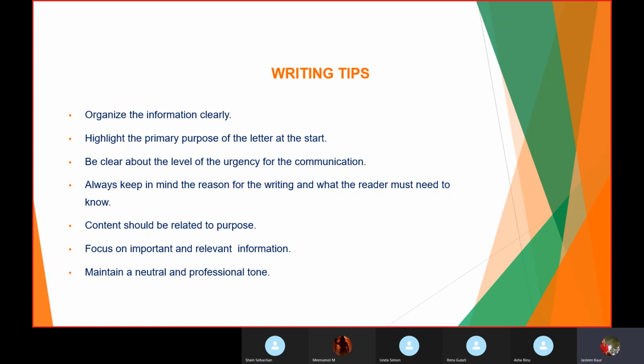So always keep in mind the reason why you are writing and to whom you are writing. Because then you will know, if I'm writing to a dietitian, what is the role of the dietitian, what she's going to do. So then you will choose the relevant information. Content should be related to purpose. Always ask yourself before you start writing, plan it.